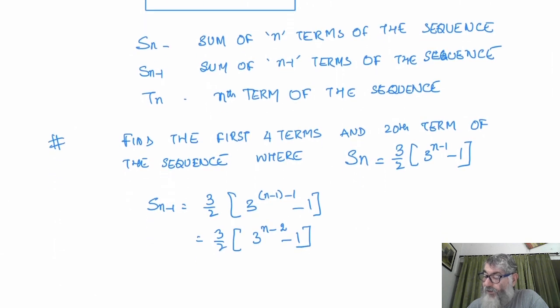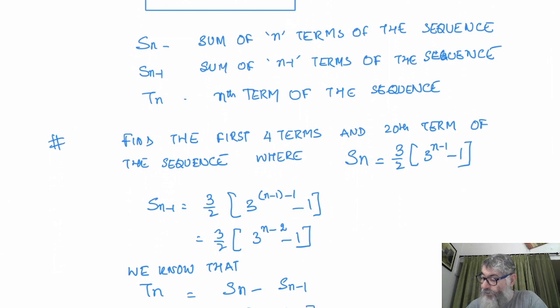Now what will happen? Let's calculate Tn. We know that Tn is equal to Sn minus Sn minus 1. What is Sn? It is 3 by 2, 3n minus 1 minus 1.